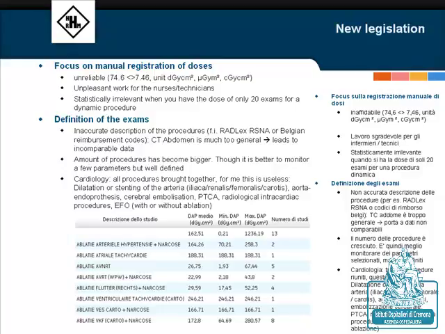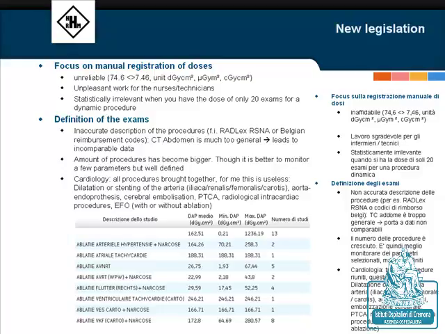Another problem is the inaccurate description of the procedure. So they say CT abdomen. What is a CT abdomen? It can be many different things. I think they should use a good code, a good description.